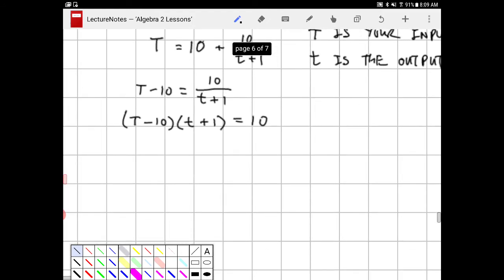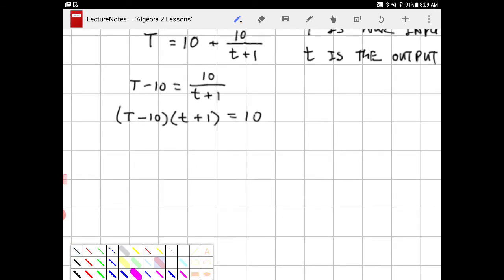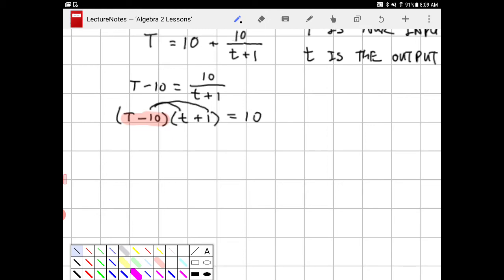My objective is to isolate lowercase t. In order to do that, I need to get lowercase t outside of the parentheses and bring everything else over. So I distribute the quantity T minus 10 into the parentheses, giving me lowercase t times T minus 10, plus T minus 10, is equal to 10.